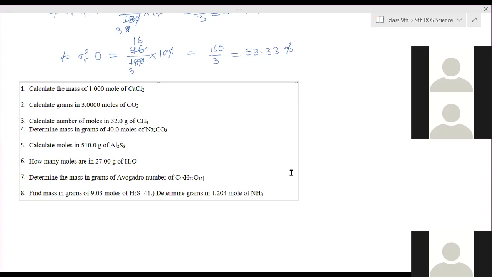What is the answer for 2A? 0.375. 3 by 8. Can we write it as 0.375? Yeah, 0.375 only. 0.375 is the answer.